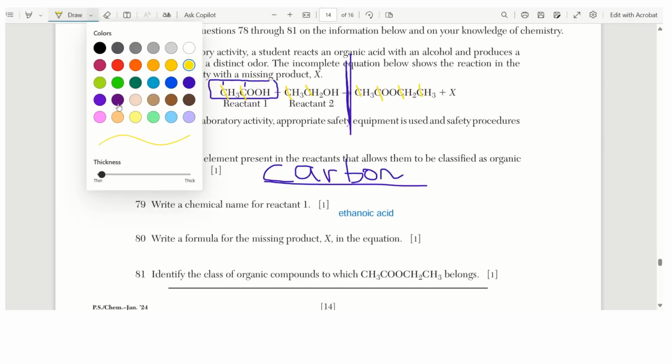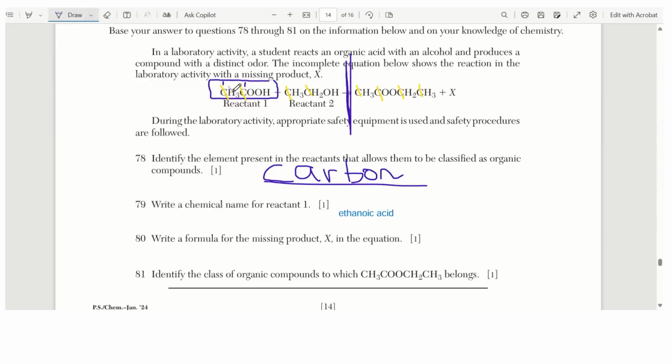All right, let's pick a different color. Let's pick this light purple. Hydrogens, 3, 4, 5, 6, 7, 8.